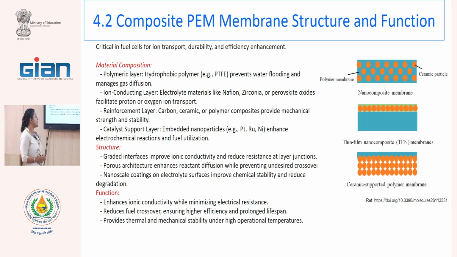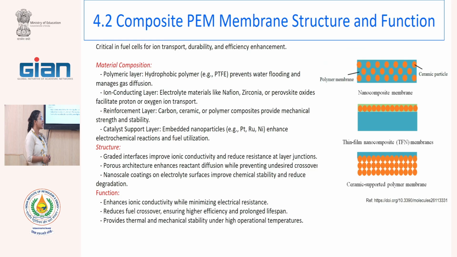So in that case, what are the different structures that you can expect? You can have ceramic particles embedded into a polymeric membrane like that. You can have thin film nanocomposite. The professor was telling in the previous slides how the thin film structure we get.